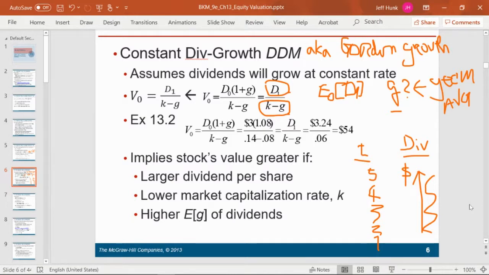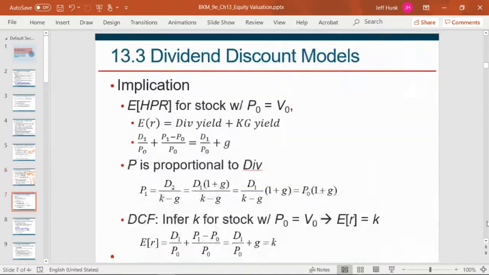But then they wouldn't be growing at a constant rate in reality. But that doesn't matter. We take the geometric average for that growth rate. Okay. Now, so the implication.